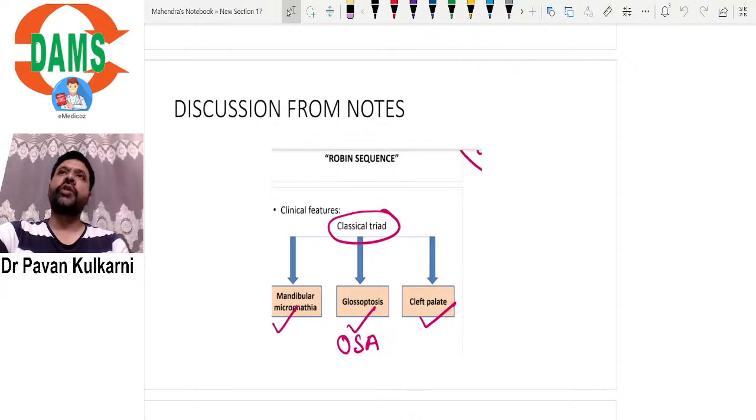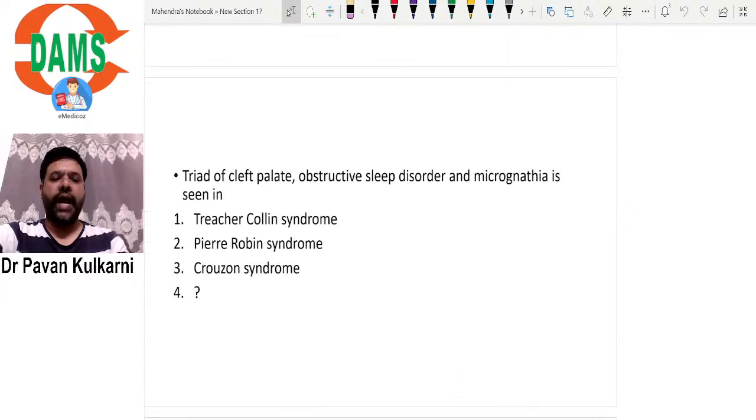Glossoptosis causes obstructive sleep apnea, OSA. So the triad is seen in Pierre-Robin syndrome or sequence.